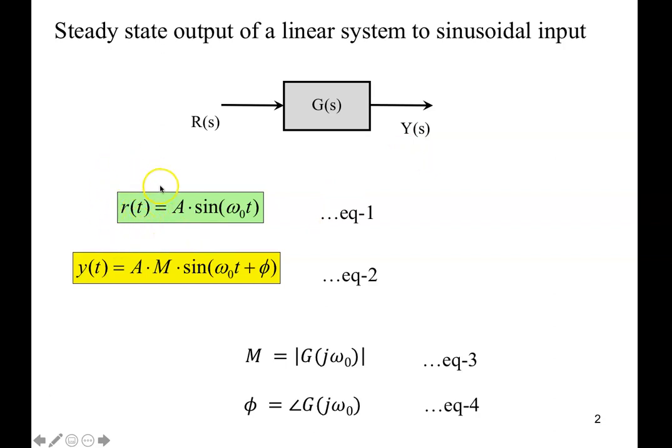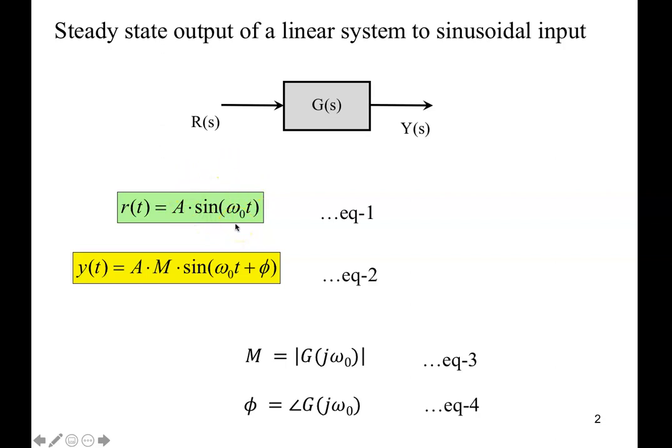If r(t) is a sine wave as defined by equation 1, the amplitude is A, the peak value of the sine wave. The frequency is the coefficient of t, so this omega naught is the frequency of that sine wave.